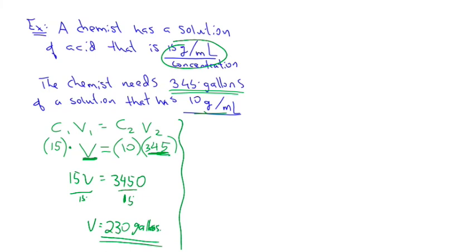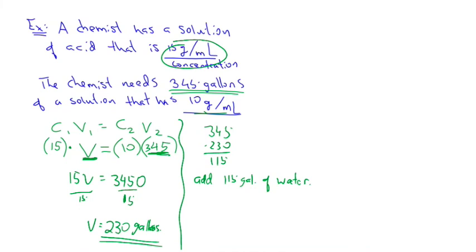So all I have to do is take the 345, subtract the 230, and you get 115 gallons. So you're going to add 115 gallons of water. What that'll do is keep the amount of sugar, if you want to think of it that way, the same, but it'll increase the volume.